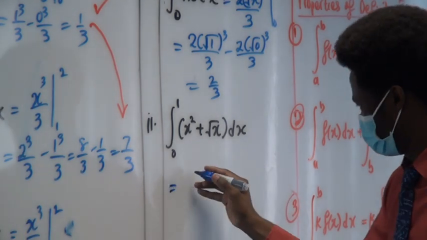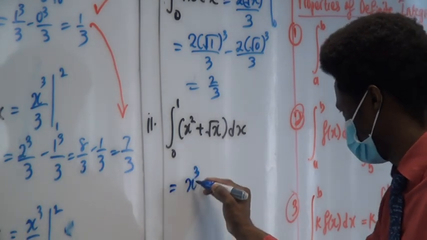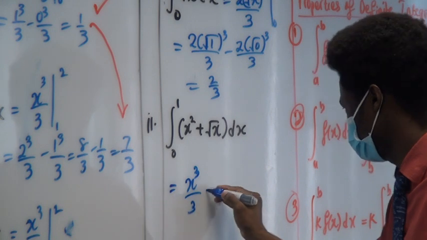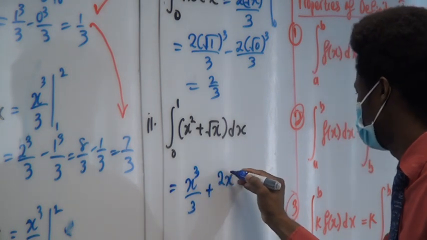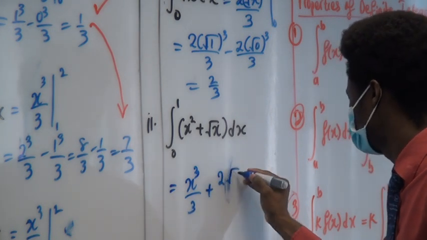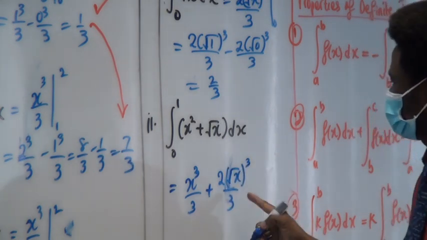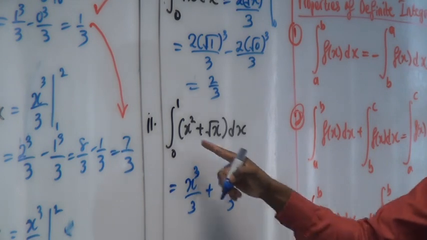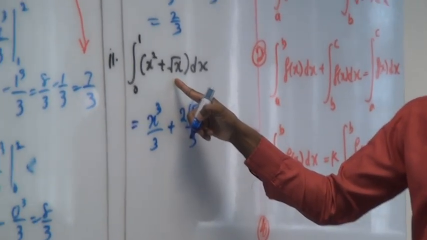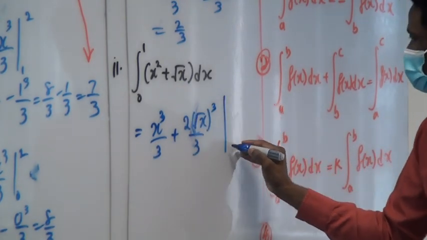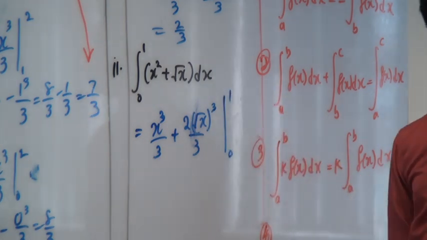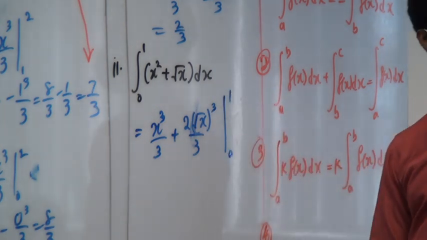So if you do the function, you get x squared, x cubed over 3. And this would have been 2 square root of x all cubed over 3, like that. The integral of this and the integral of this. Everything within 0 to 1 is as good as just putting it 1, right?